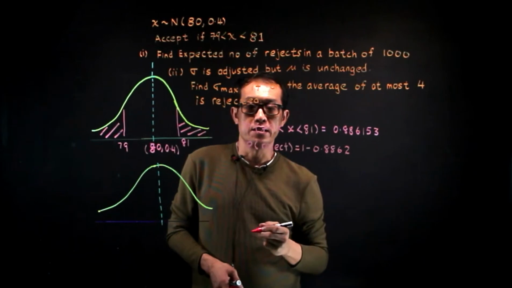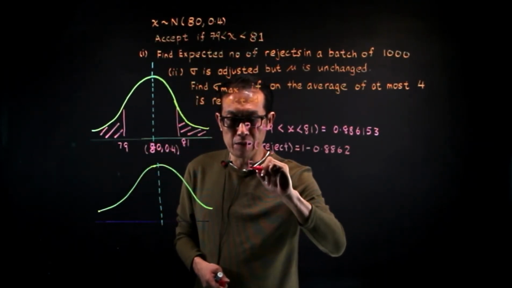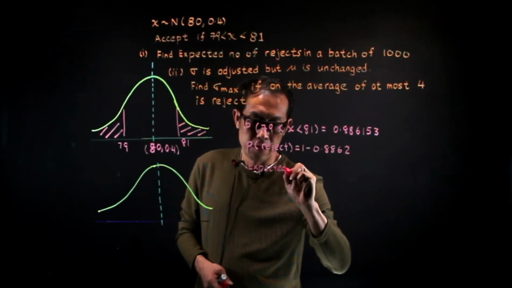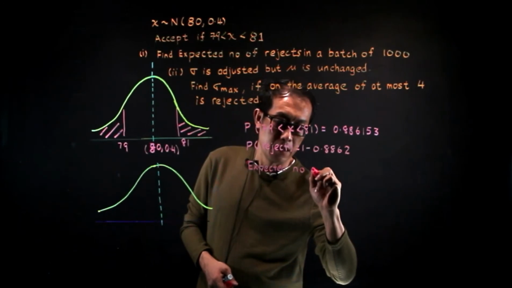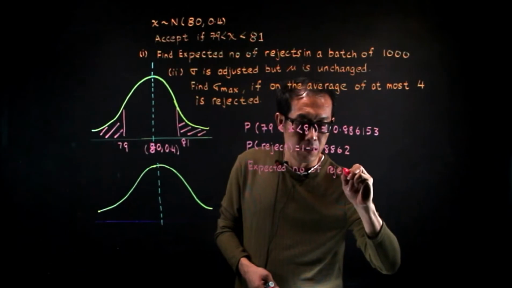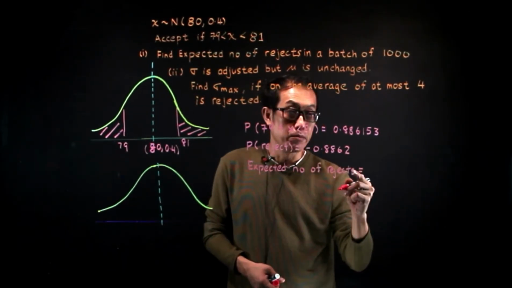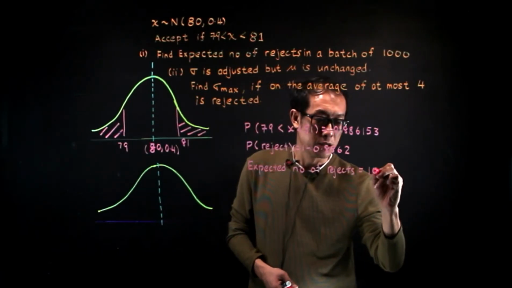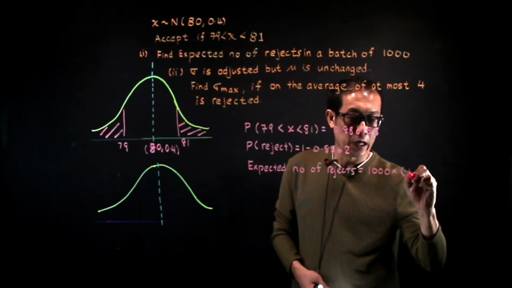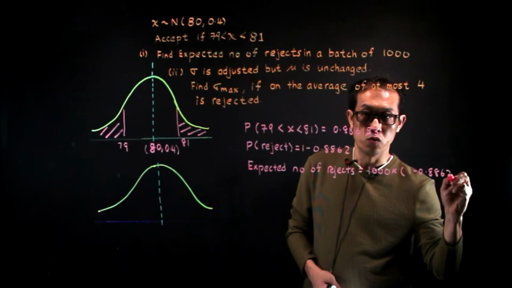0.8862. So the expected number of rejects will be 1000 multiplied by 1 minus 0.8862.